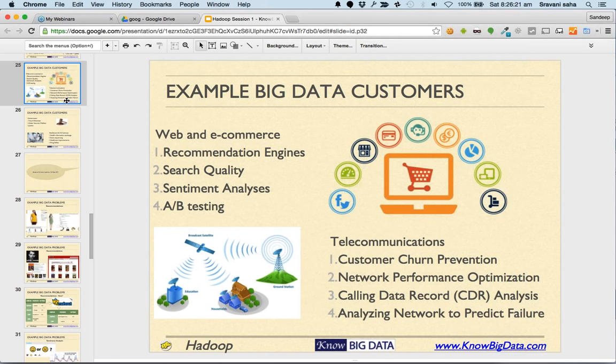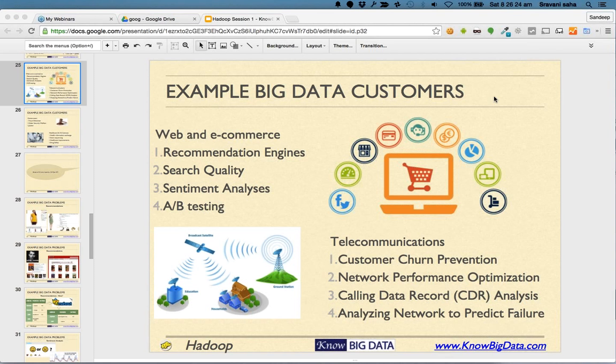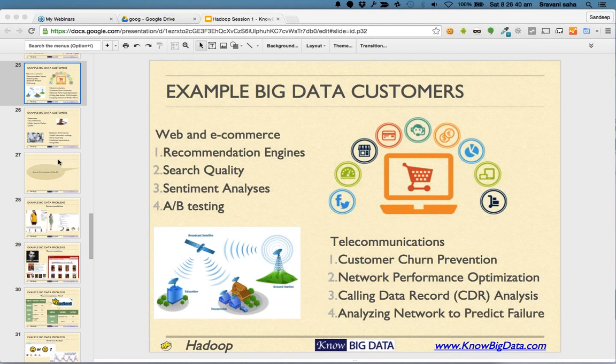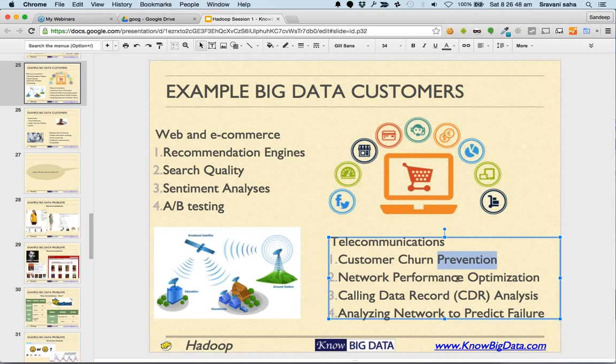There are many use cases in the telecom industry because they are by default sitting on big data, starting from customer churn prevention, network performance optimization, calling data record analysis, and analyzing the network to predict failure. Even something as simple as tracking the changes of the configuration files of all the network equipment to detect the reason behind a failure is a big data problem.